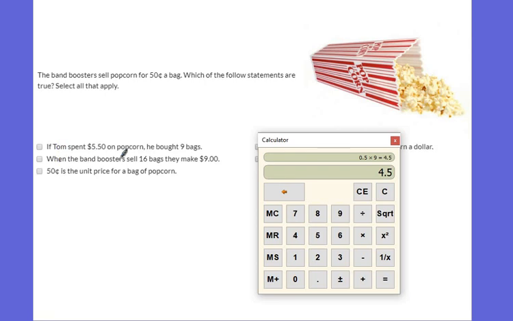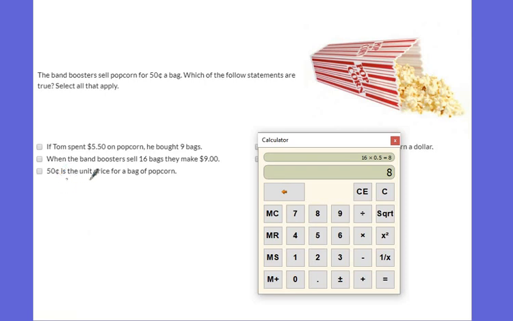The next one says when the band boosters sell 16 bags, they make $9. So again, it was 50 cents a bag times 16. Whoops, I need to clear. 16 bags times 50 cents a bag. I got $8, so that one does not look like it is correct either.